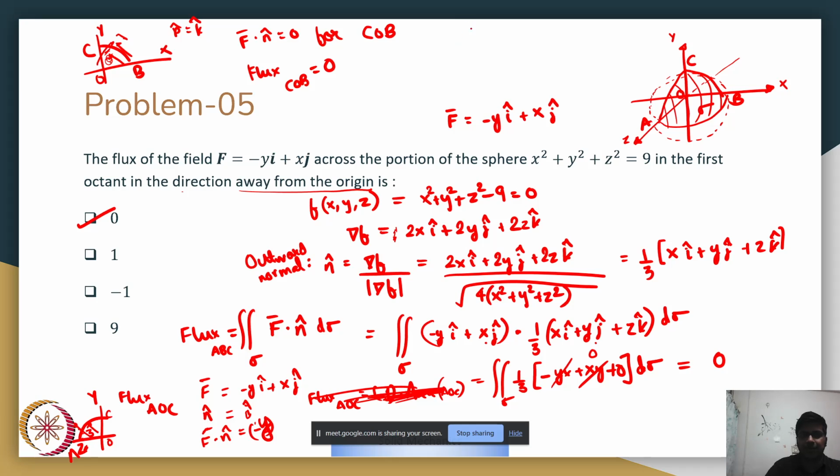So if I want to calculate the flux of AOC, it equals the integral of minus y dA over area AOC. If I want to calculate the area of AOC, it's nothing but root of minus r cos theta.